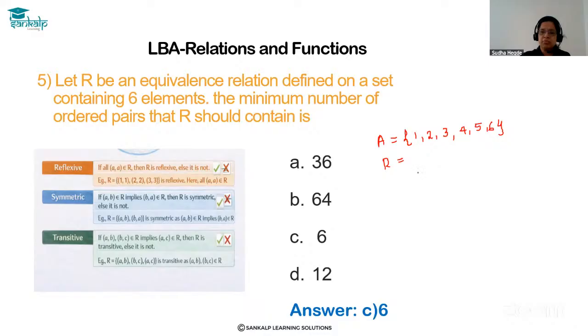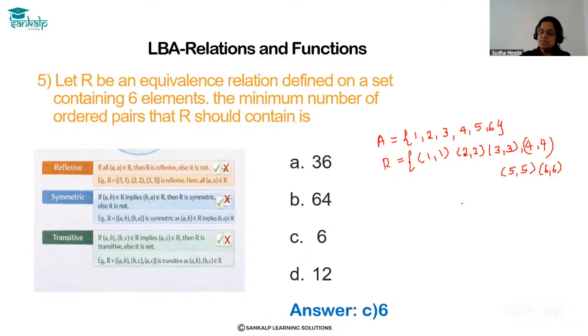So to be reflexive, (a, a) for each a should be in R. So (1, 1), (2, 2), (3, 3), (4, 4), (5, 5), (6, 6). They are there in R.